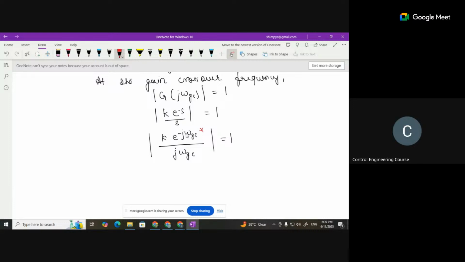So its magnitude is going to be 1. So the magnitude of K will be K. And again, if we find the magnitude of this, it will be ωgc, right? So this is equal to 1. So can I write that ωgc, that is the frequency at the gain crossover, is equal to K.